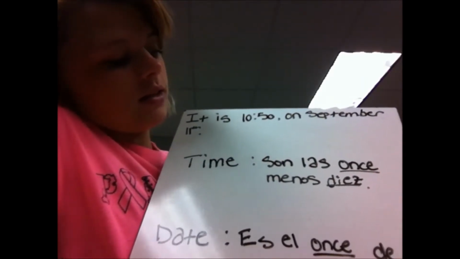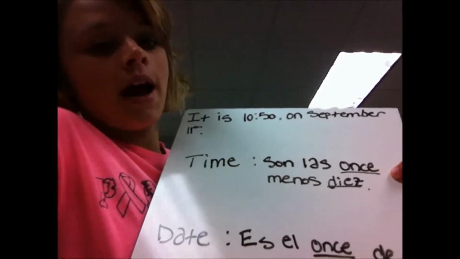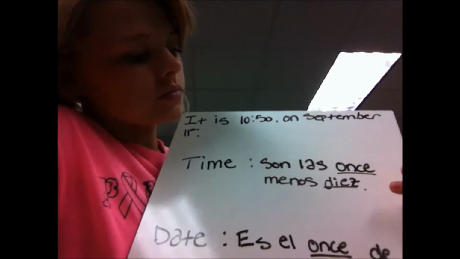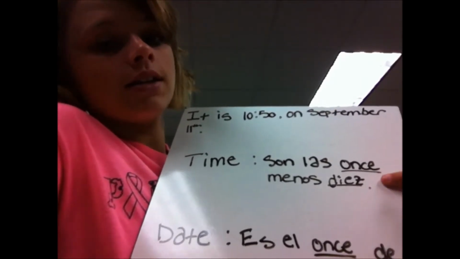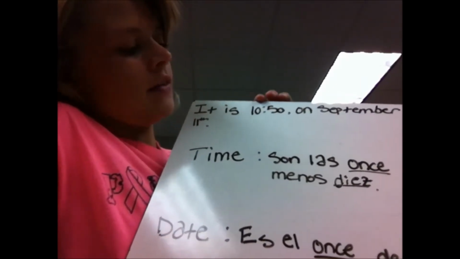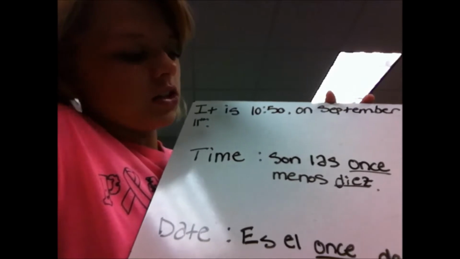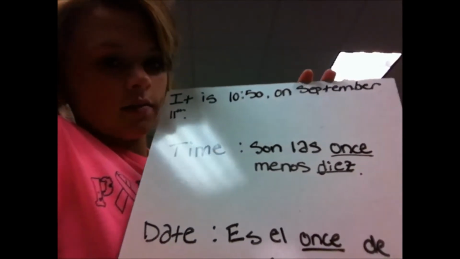Son las 11 menos 10. So, we move up the 10 to an 11 because it's past the 30-minute mark, minus 10 because there's still 10 minutes left in the hour. So the time 11:50 is translated to son las 11 menos 10.